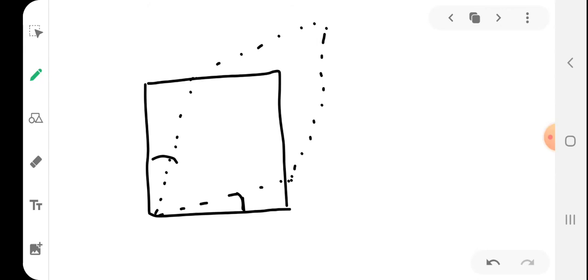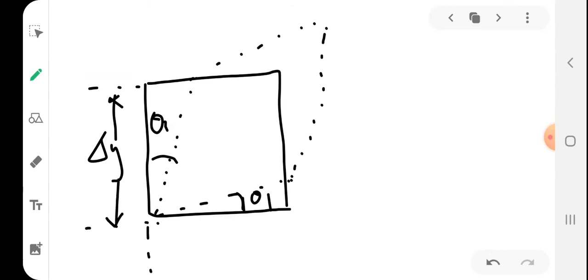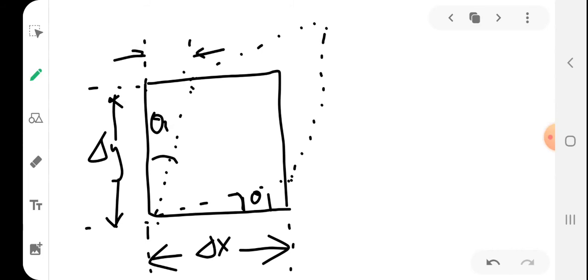If this angle is theta 2 or this angle is theta 1, if this length is delta y and this length is delta x, suppose this deformation is delta ux in x direction, and this deformation is delta uy in y direction.